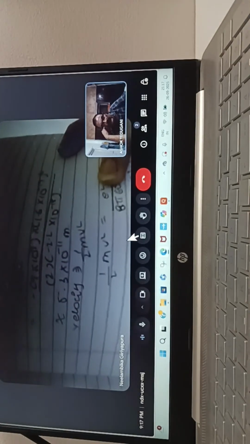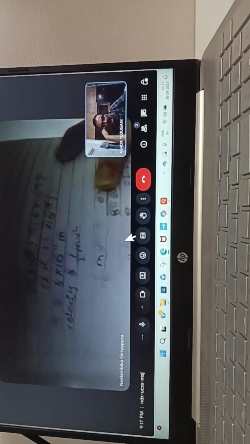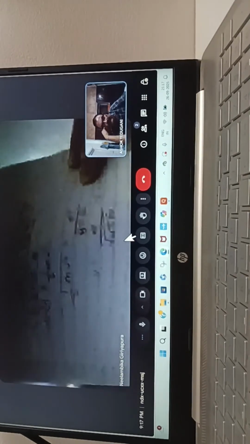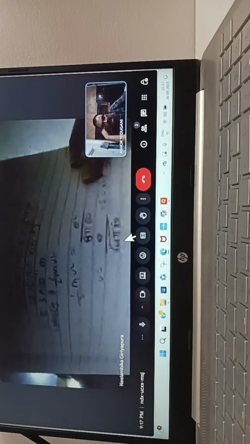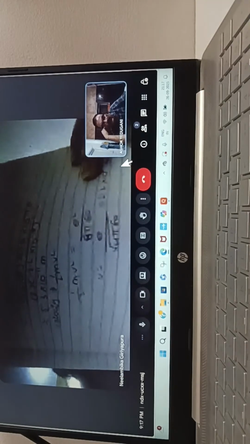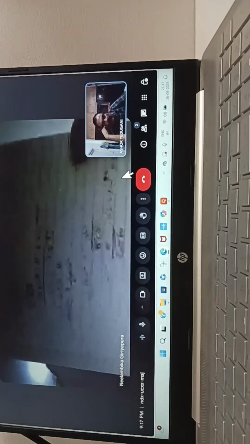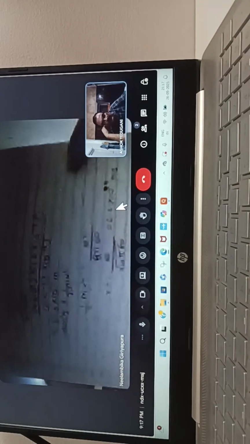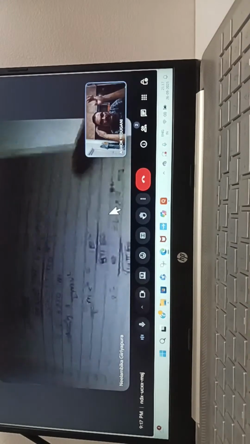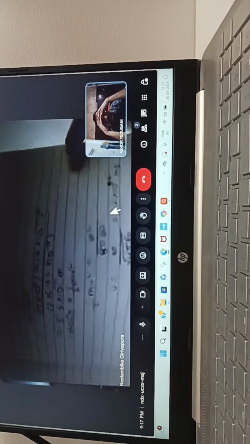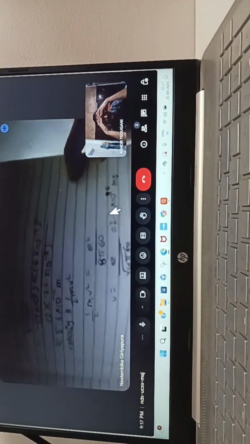Then velocity. Okay, velocity how much? 10 to the power of how much? 6. Okay. What is the speed of light? Sir, 3 into 10 to the power 8.